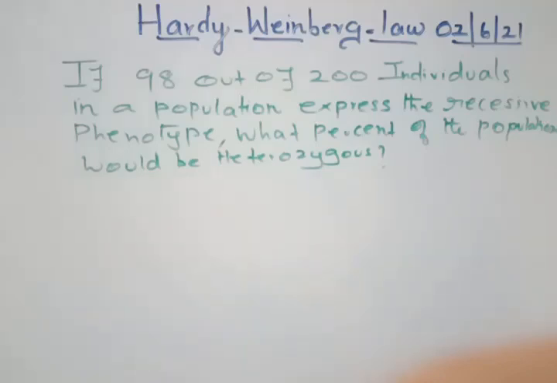In the last class we were discussing the Hardy-Weinberg equilibrium, and we know what evolution is and what Hardy-Weinberg's law is. Let me recap what we studied in the last class. Evolution is a change that takes place in a particular organism from generation to generation.